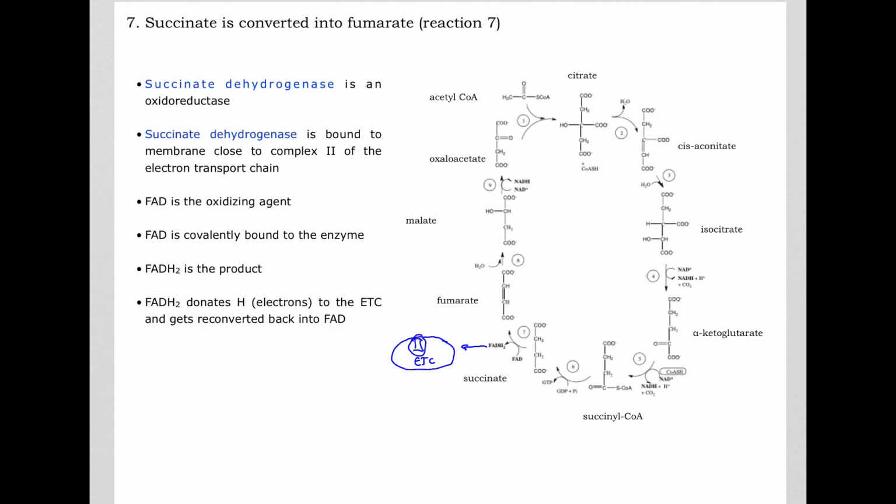So this enzyme being very close to the electron transport chain, complex 2, will donate its hydrogens to complex 2, and we'll talk about this in the next video on the electron transport chain. And when it donates its hydrogens, the FADH2 gets reconverted back to FAD to continue reaction number 7. So FAD is covalently bound to succinate dehydrogenase.